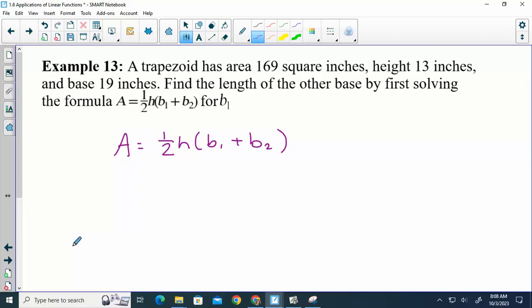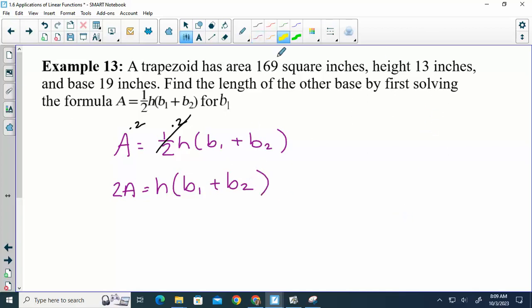We have a 1/2. How could I get rid of the 1/2? Okay. I take both sides times 2. We have 2a equals h times (b sub 1 plus b sub 2).